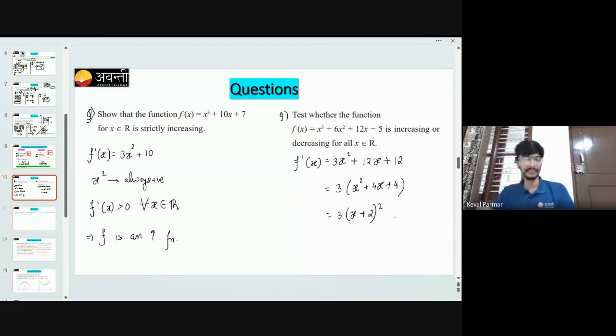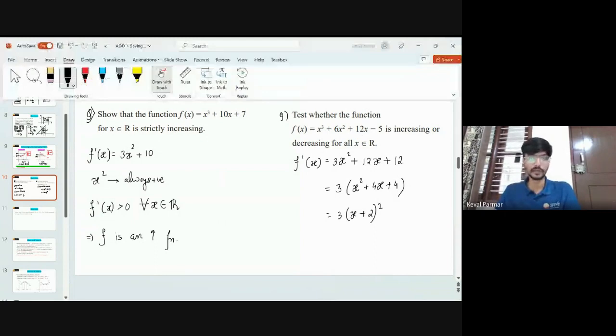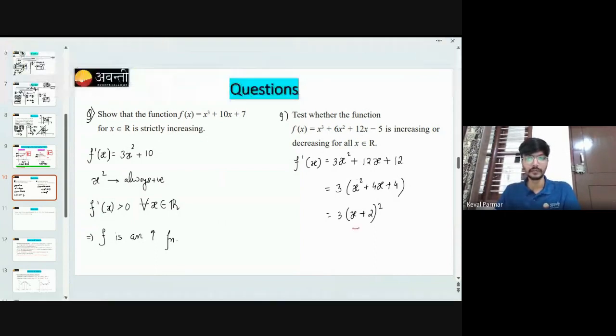So if it is a squared quantity, this is always positive, and 3 is a positive number. So that means f dash of x is always greater than or equal to 0. If x is minus 2, then it will be equal to 0.